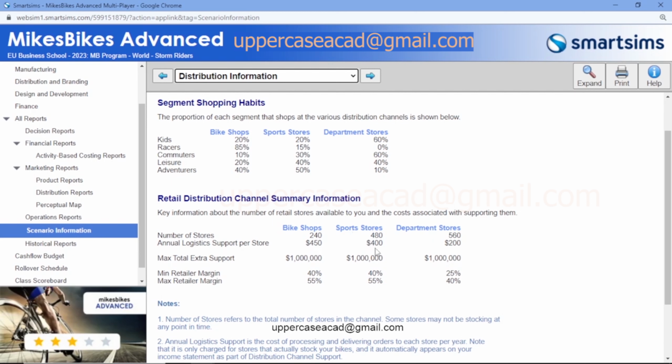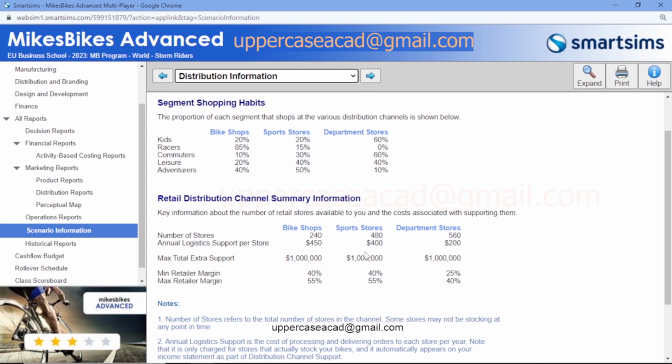For the sports store it is 400, and for the department store it is 200. To increase the number of stores stocking your bike is very important, as this will increase the total retailer margin. The more bikes you store in a shop, the more you might end up selling.